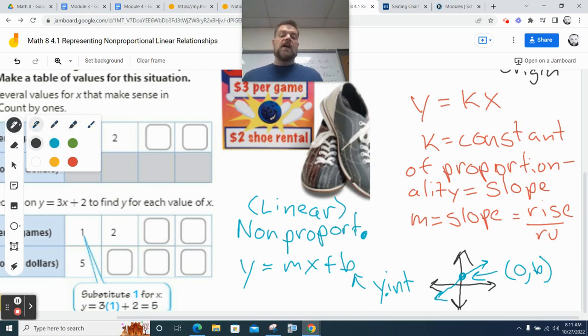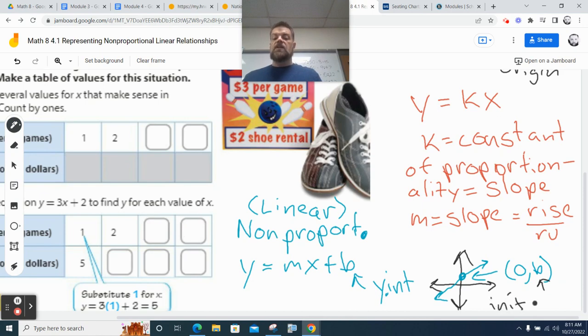Now, the reason for that is that b is also the y-intercept, but usually in a real-world scenario, it is what we call the initial value. Mr. Adams starts off with $5, puts it in a checking account, and then I add $2 every week. What's the initial amount I put in? $5.